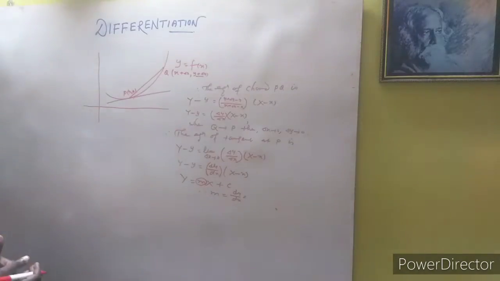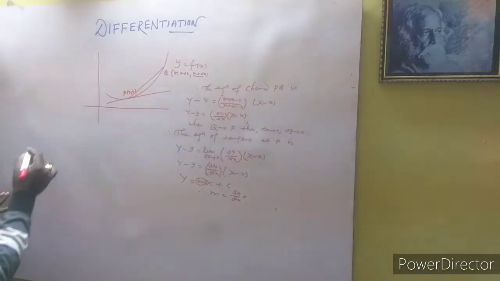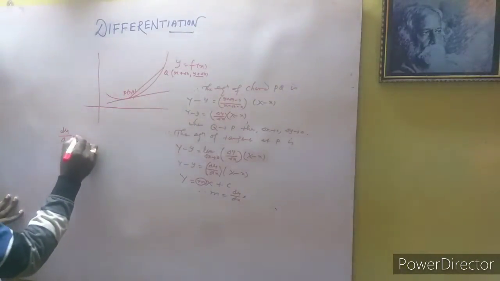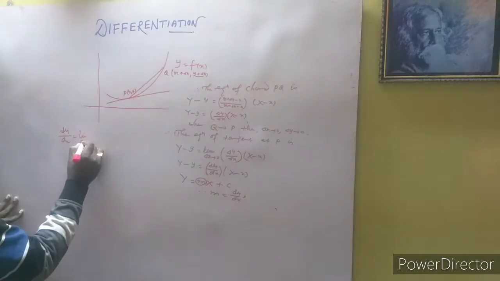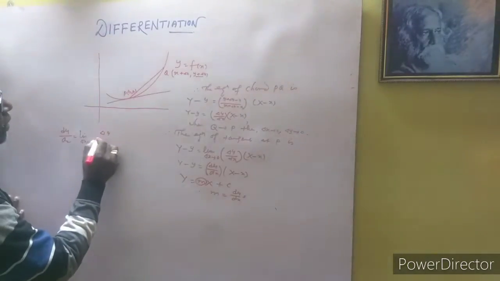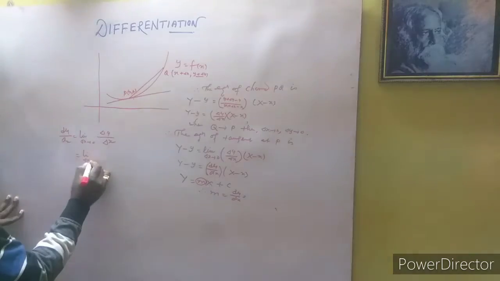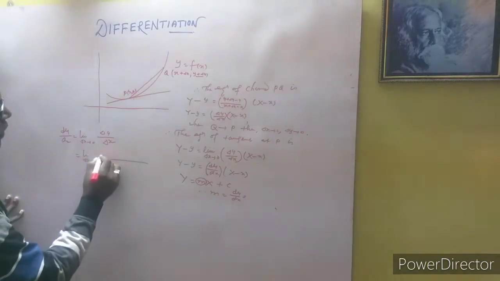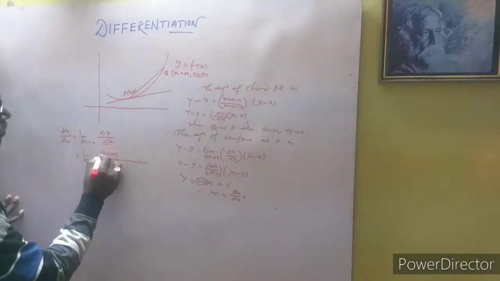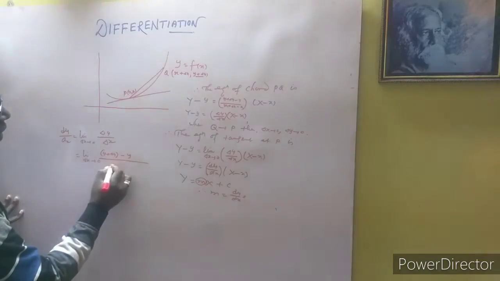And now again we want to introduce a formula: dy by dx is equal to the limit as del x tends to 0 of del y by del x. We can represent this as y plus del y minus y, divided by del x.